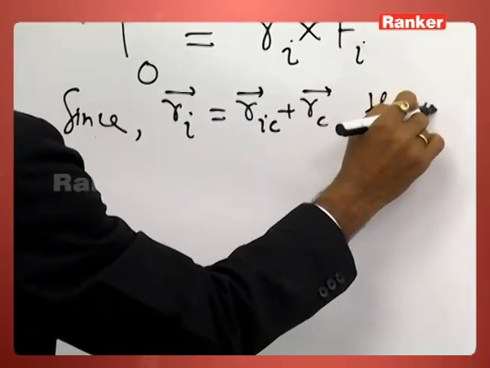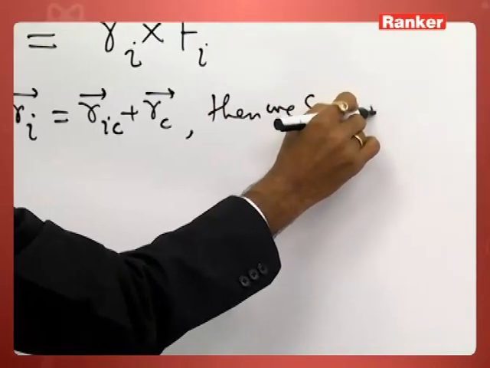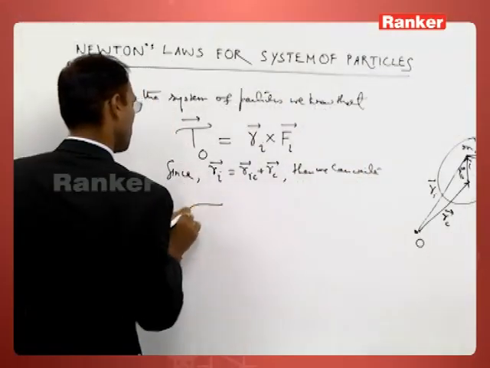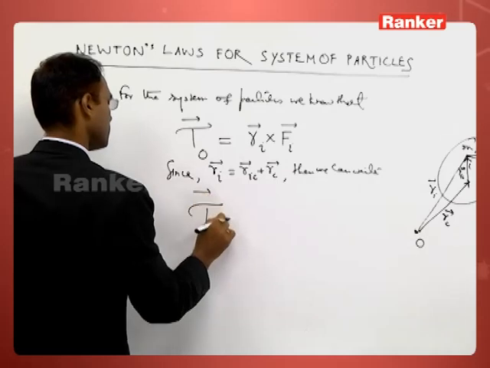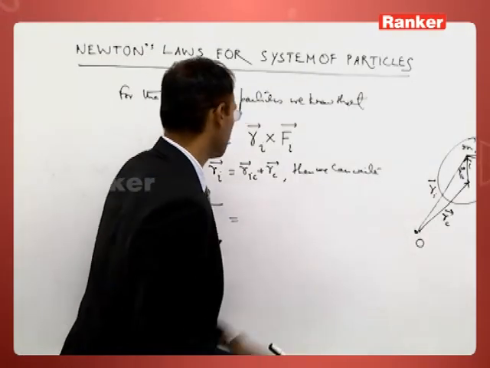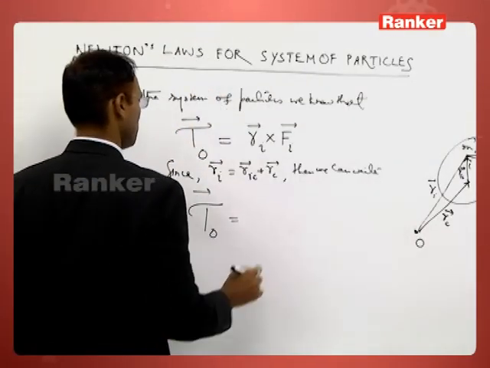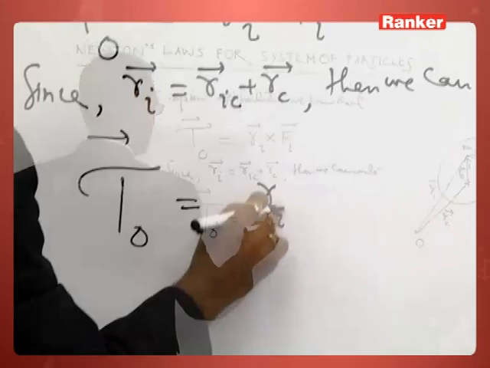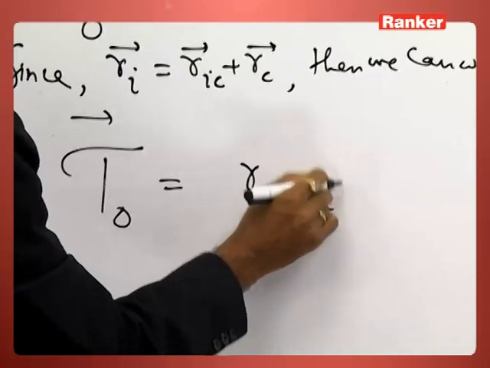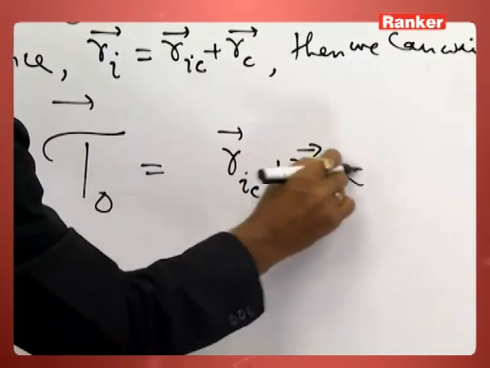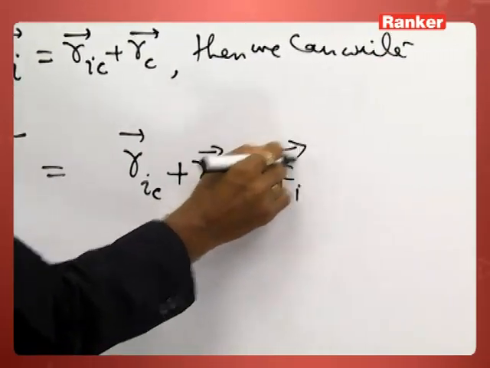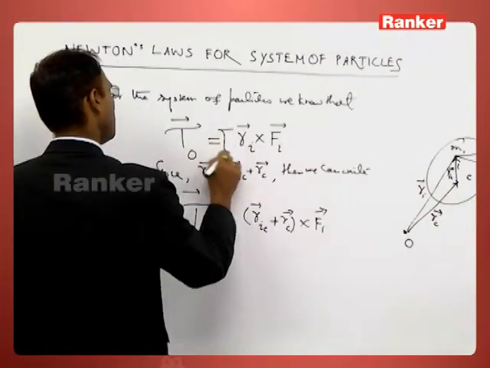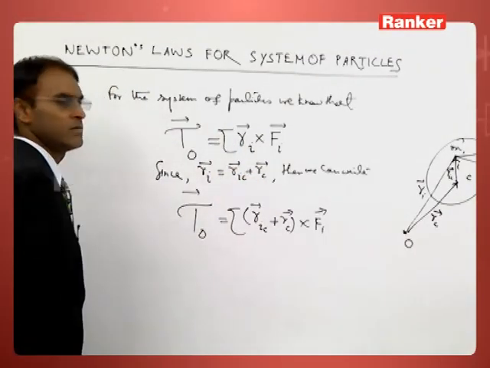Then you can write the net torque about this point as RiC plus RC cross Fi, and summation of this.